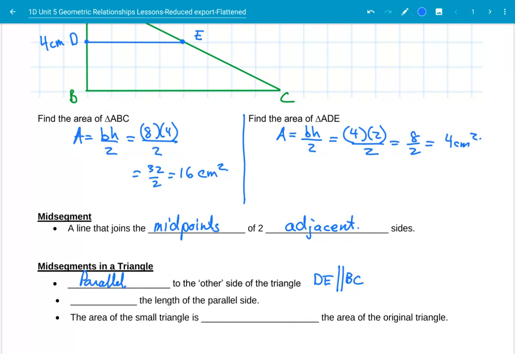The length of the mid-segments is half the length of the parallel side. And the area of the small triangle is 1/4 the area of the original triangle. Okay, so finish up that side of the note and then turn the page over.